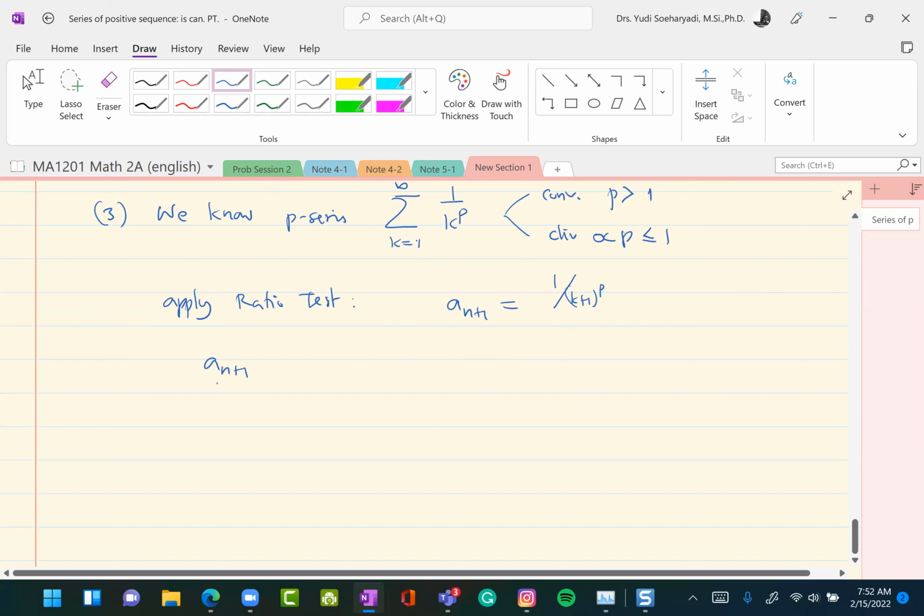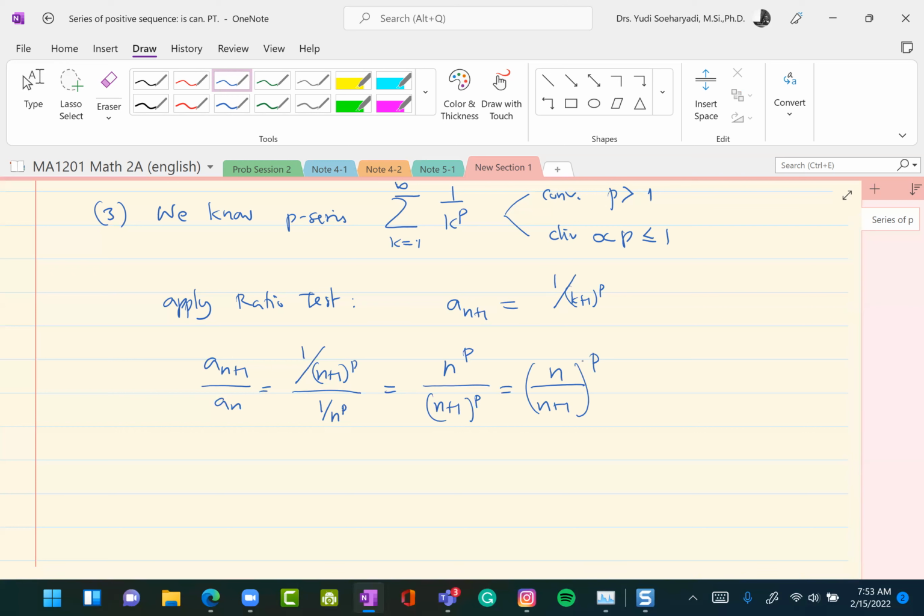So when you compute the ratio, what you get is n^p over (n+1)^p.